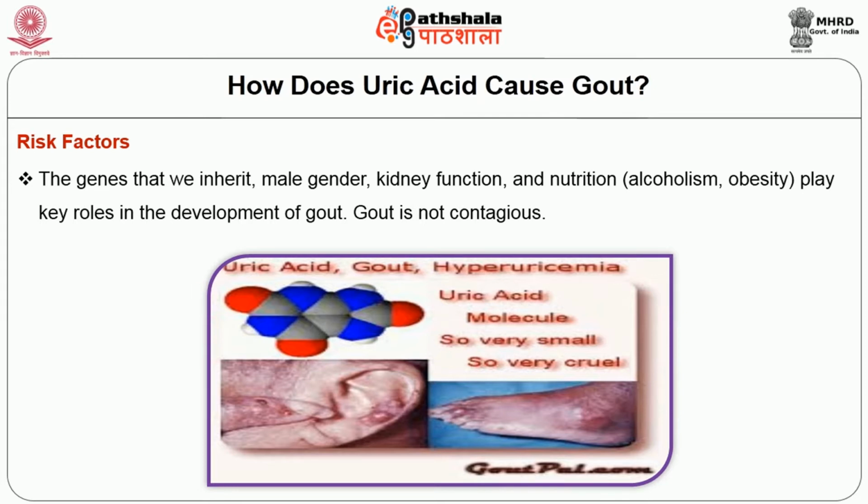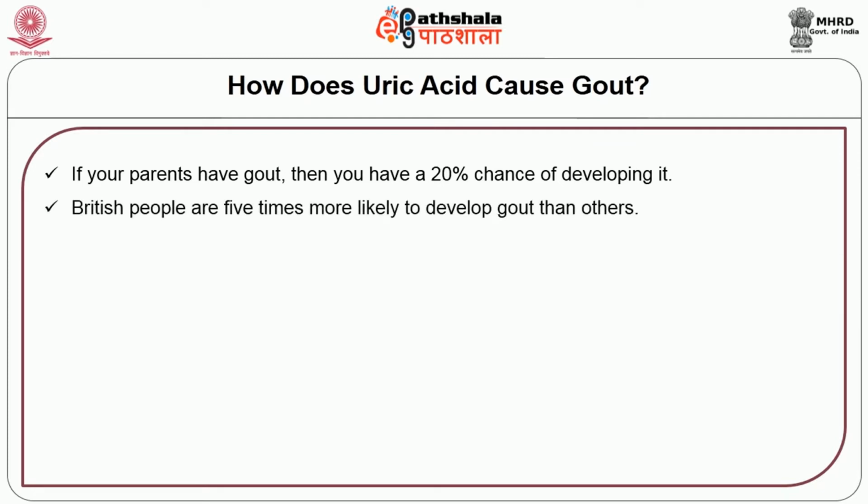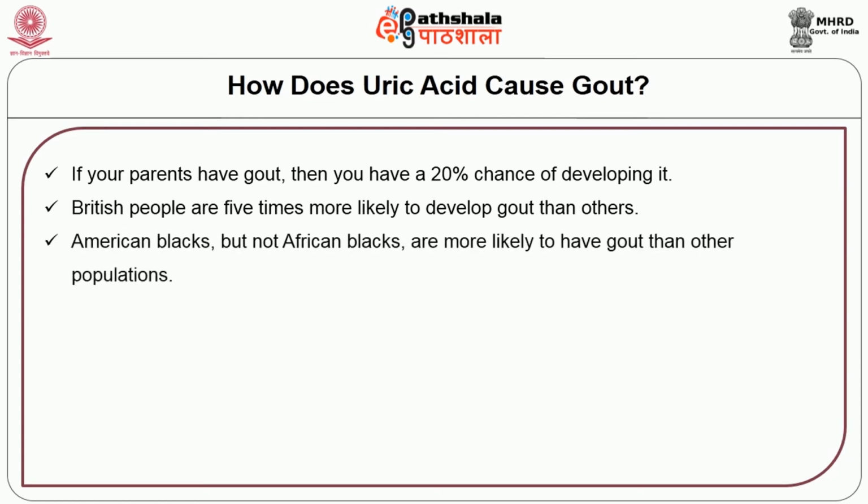But if your parents have gout, then you have 20% chances of developing it. British people are 5 times more likely to develop gout than others. American blacks, but not African blacks, are more likely to have gout than other populations.